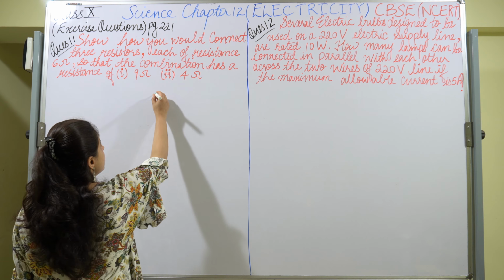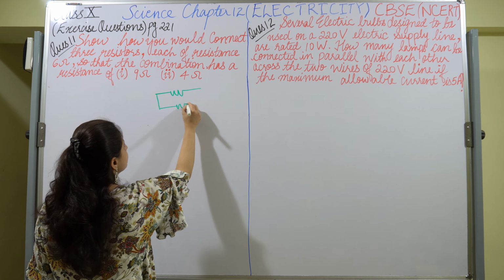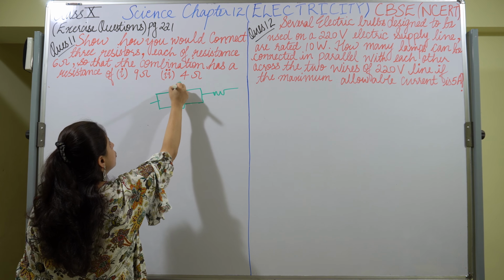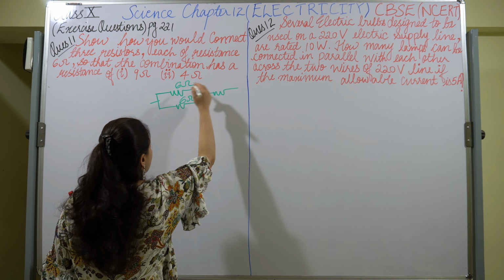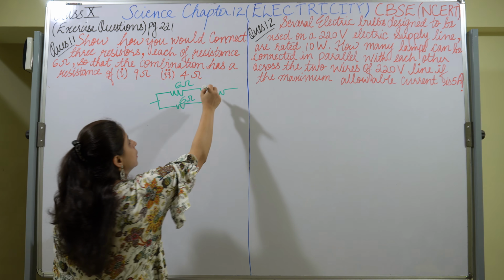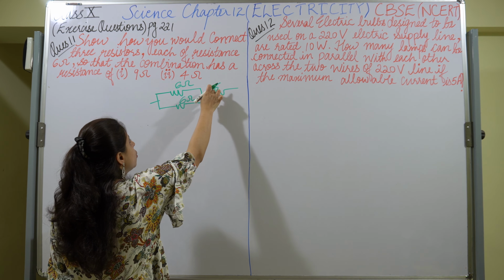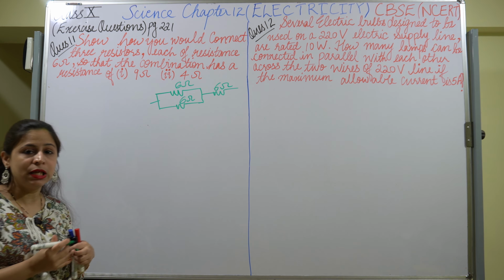So first of all, let us draw like this. Here two 6 ohm resistors are connected in parallel, and this equivalent parallel combination is connected to the 6 ohm resistance in series.